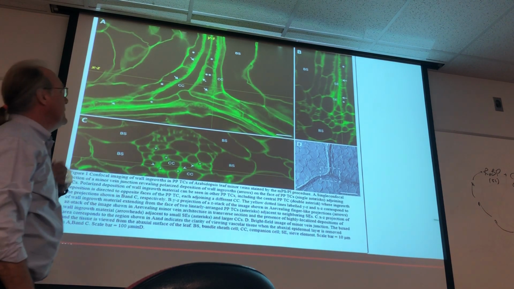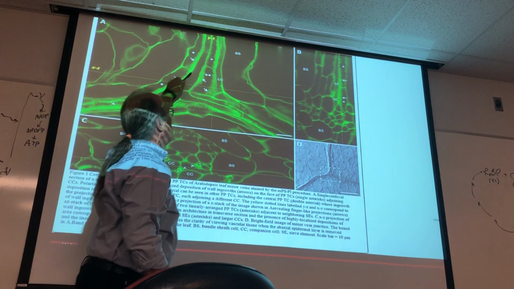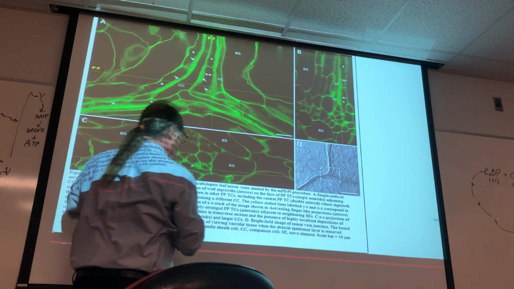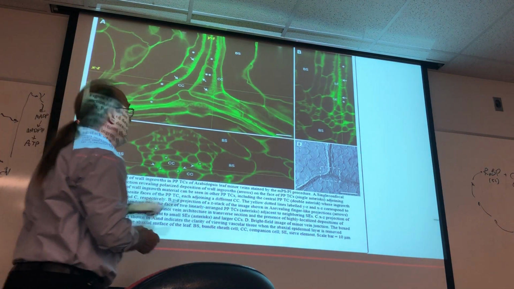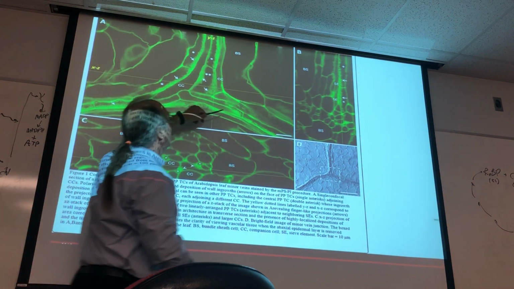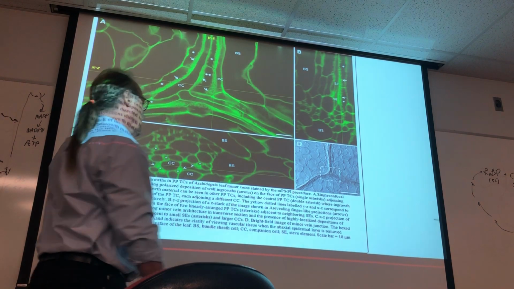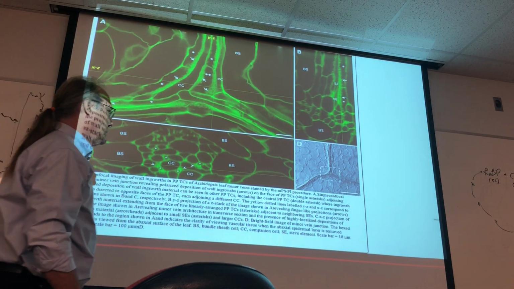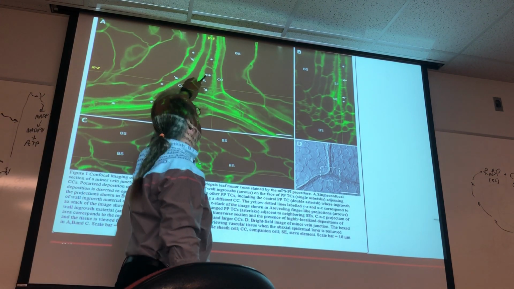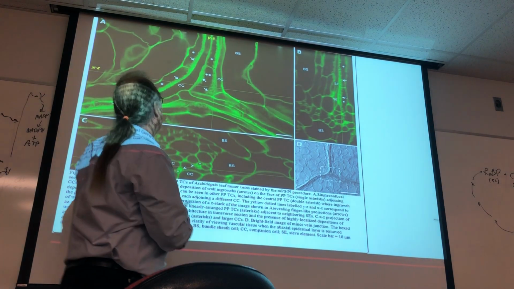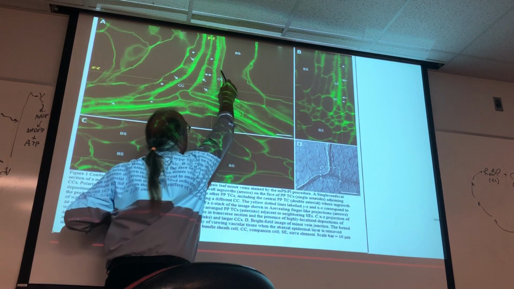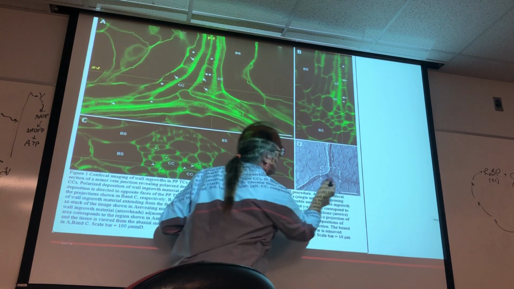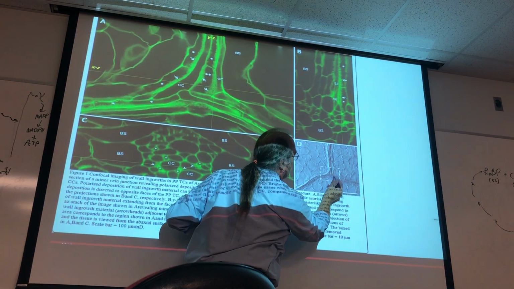So you can see a companion cell, a transfer cell, another transfer cell, a companion cell, and then here's a bundle sheath cell. So that's all these things right in here.